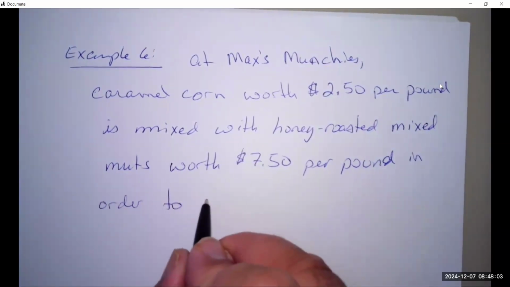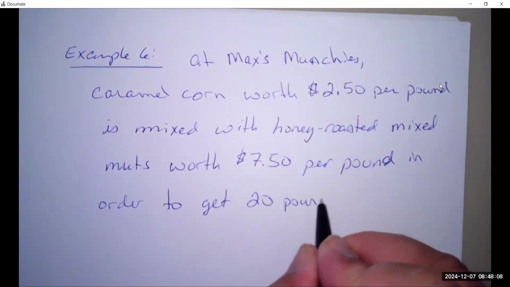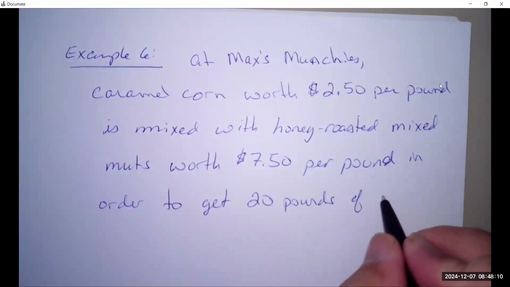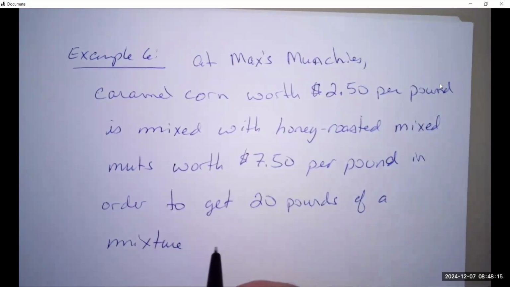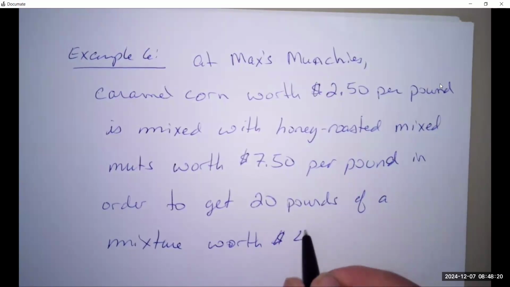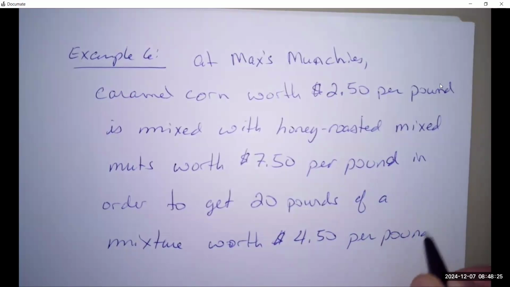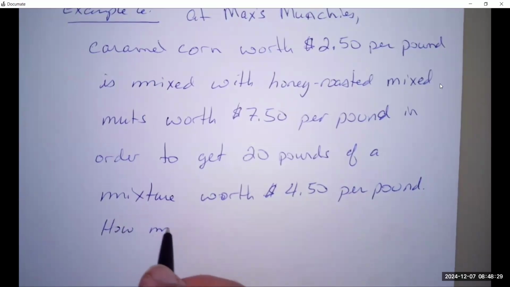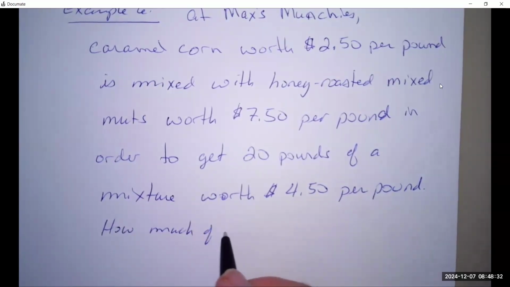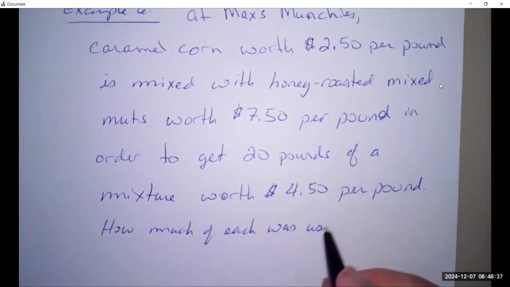In order to get 20 pounds of a mixture worth $4.50 per pound. How much of each was used?